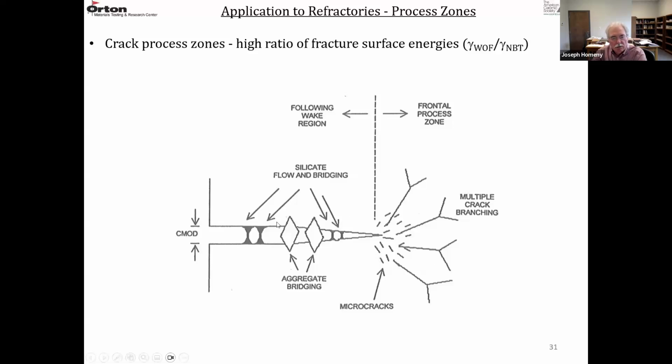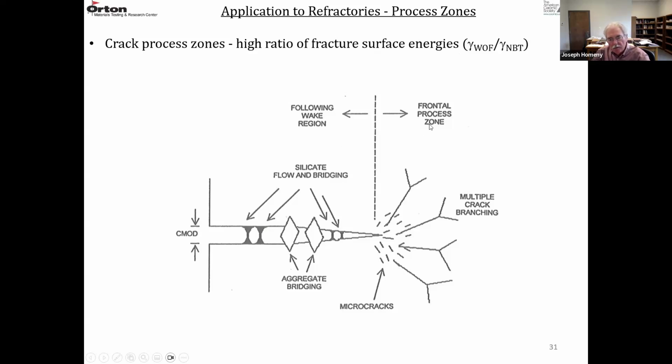So this is the crack process zones that I showed a few classes ago. With a high ratio of gamma WF over gamma NBT, you're activating all of these processes around the crack tip and in the crack wake.